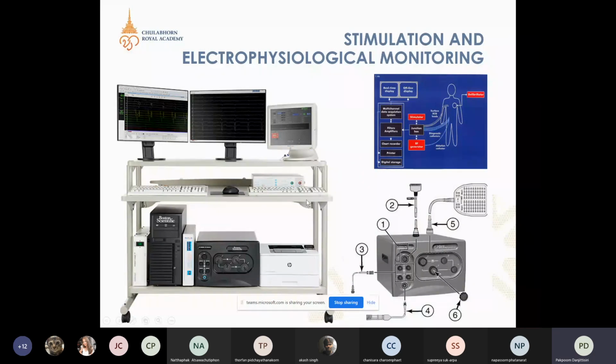This is the system connection guideline to make you understand comprehensively how to set up the workstation with the ablation system.